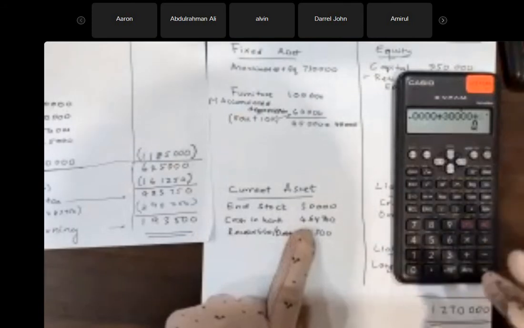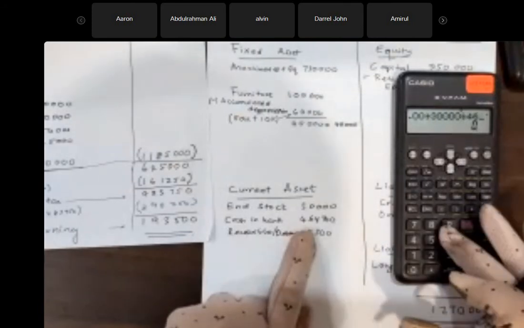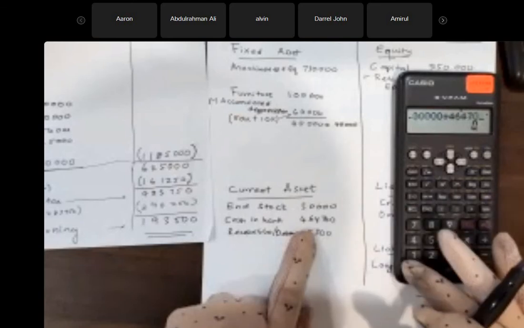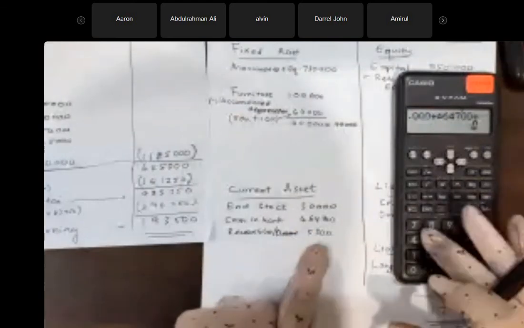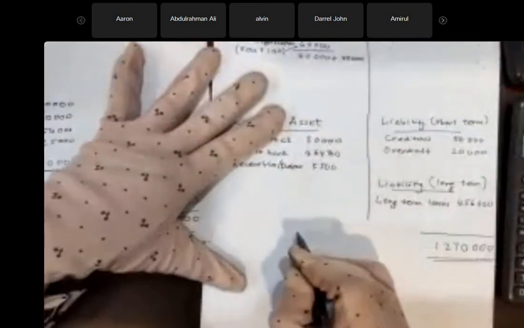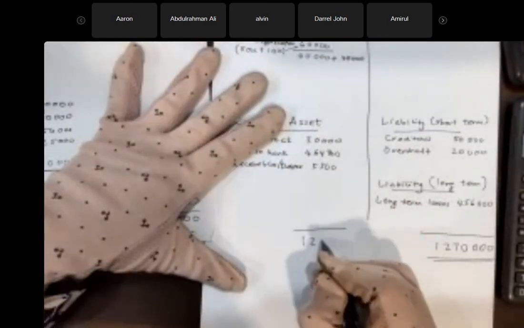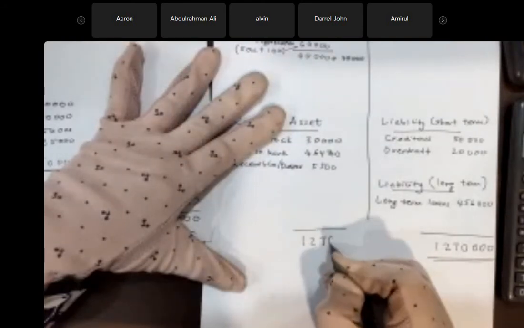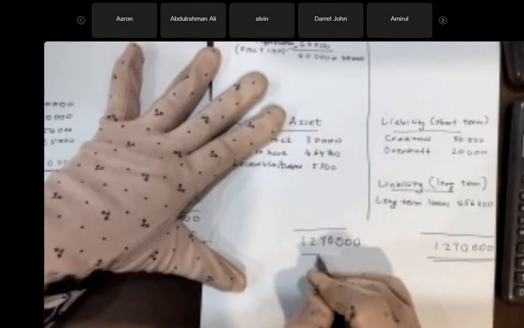Tengok nombor saya sebab tangan ni besar. Dia susah sikit. Patut sama. Okay. So you will get 1, 2, 7, 0, 0.